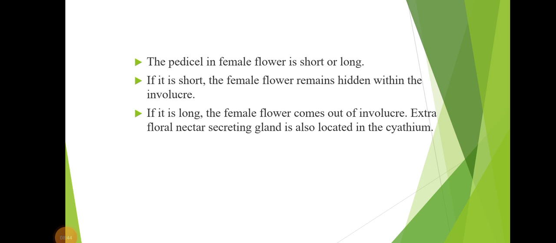If it is short, the female flower remains hidden within the involucre. If it is long, the female flower comes out of the involucre. Extrafloral nectar secreting gland is also located in the cyathium.